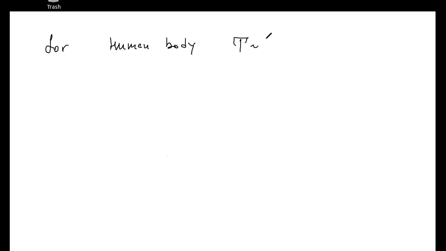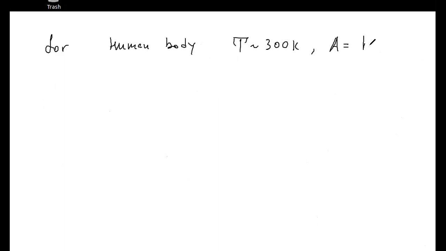Let's take temperature 300 Kelvin, maybe 310, doesn't matter. The area, I don't know, what is the surface area of the human body, roughly?